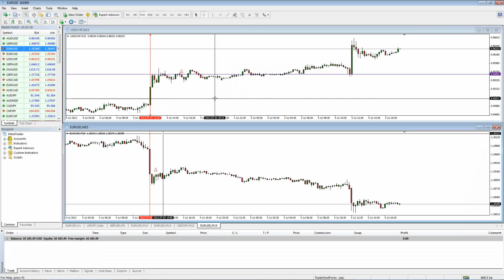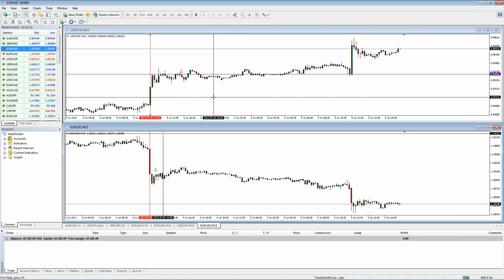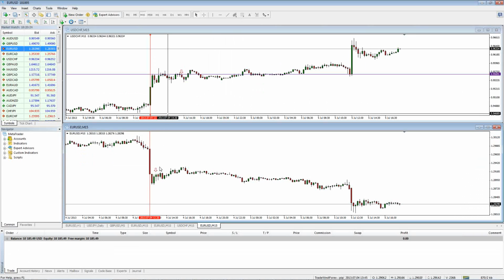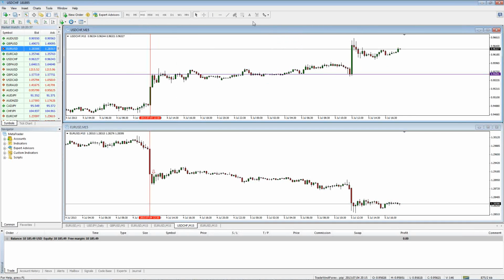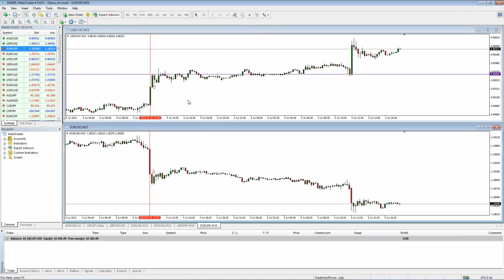Okay, so someone says, why not buy U.S. franc and sell euro dollar? Well, I can flip that around and show you the same thing. So you're saying buy U.S. franc, sell euro dollar. Okay. If you sold euro dollar here and bought euro dollar here, then this is like I said.